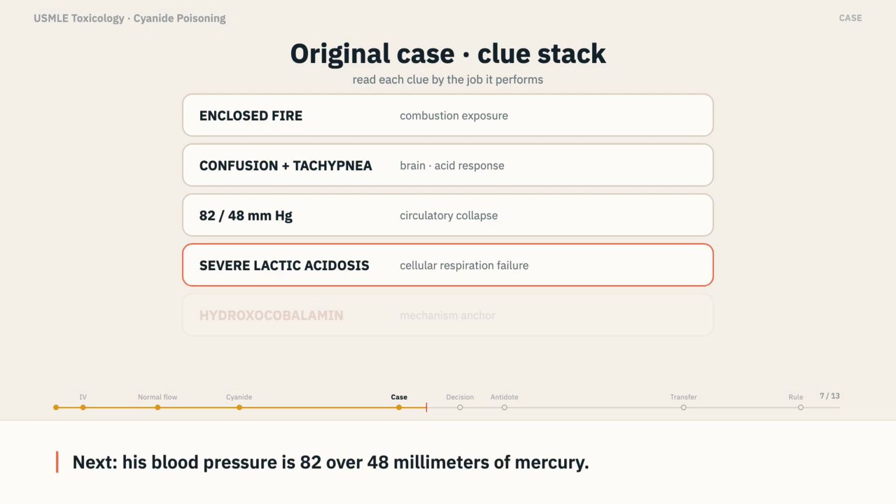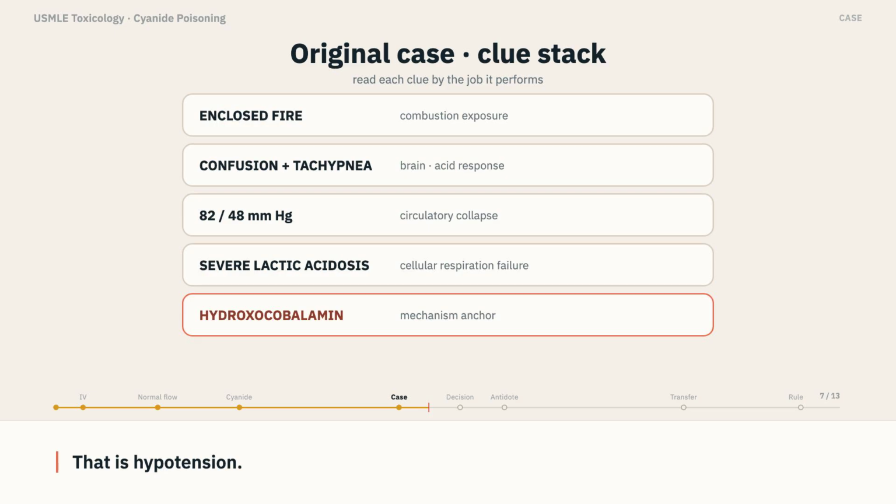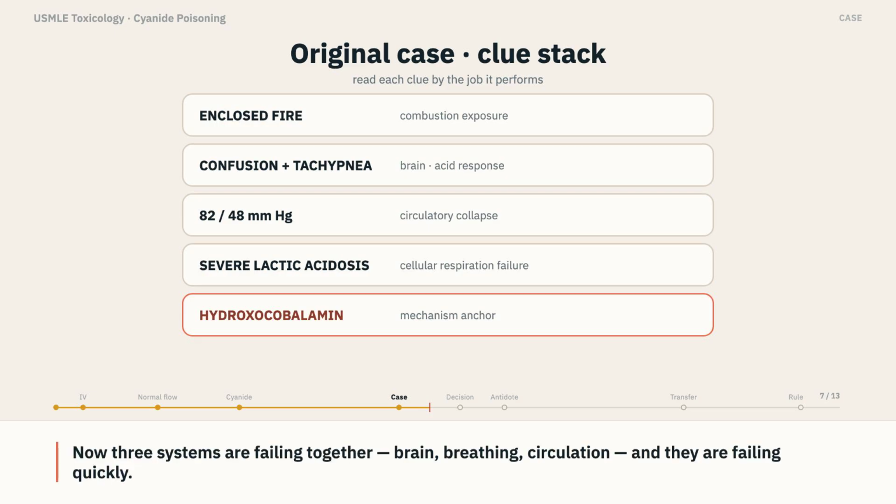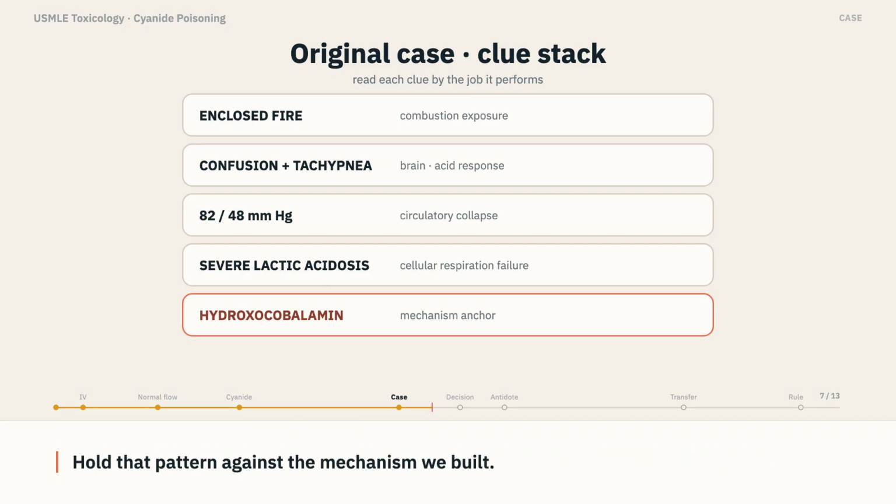Next, his blood pressure is 82/48 millimeters of mercury. That is hypotension. Now, three systems are failing together: brain, breathing, circulation, and they are failing quickly. Hold that pattern against the mechanism we built. A cell-level energy failure does not respect organ boundaries. It shows up wherever the energy bill is highest.